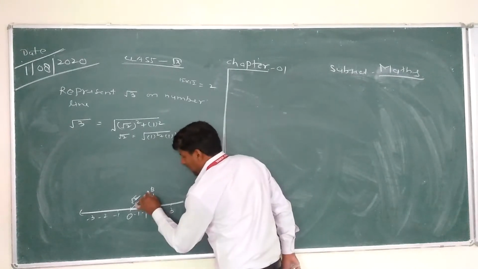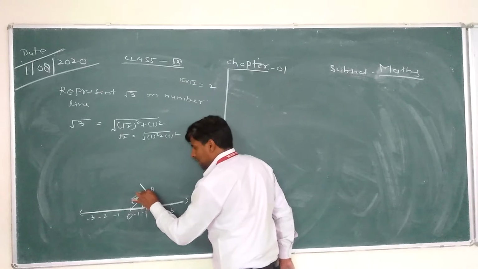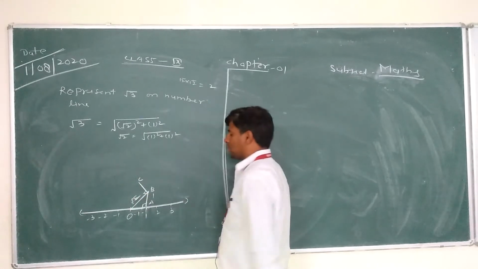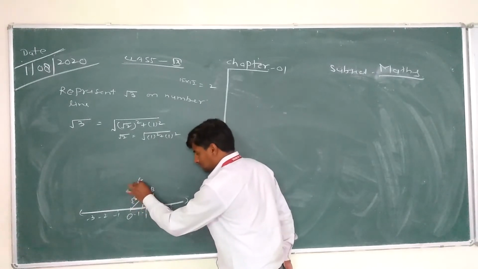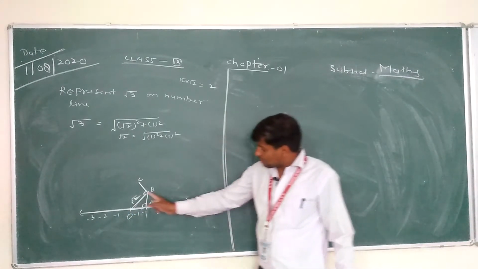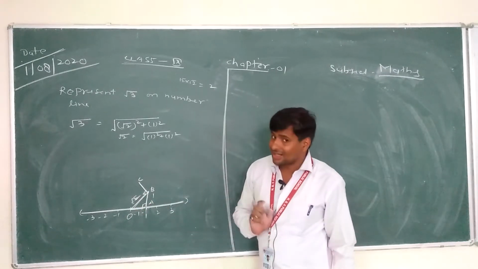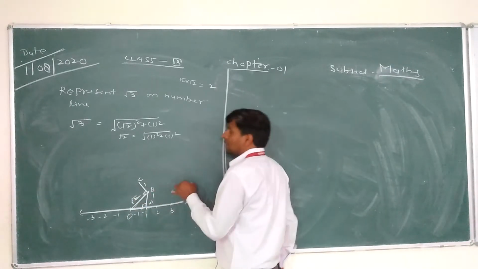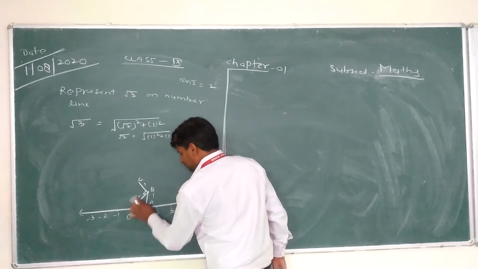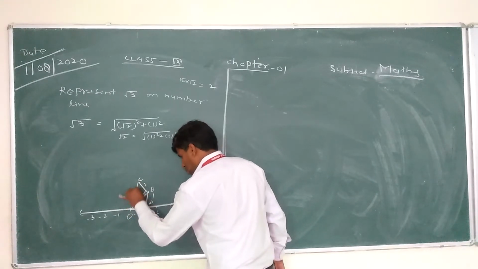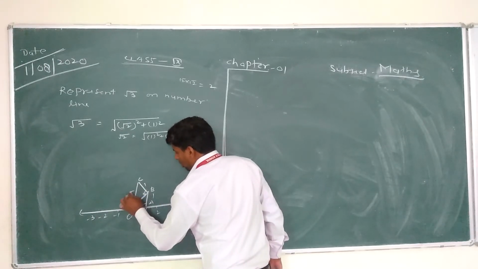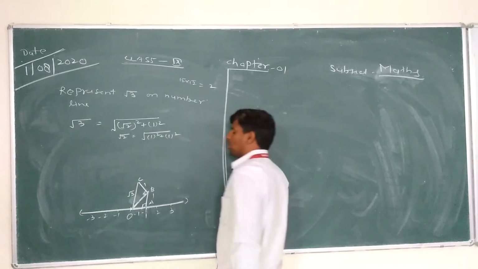Again, you take B as the center, draw a line BC, which is perpendicular to OB. We will draw a line BC making a 90 degree angle with OB. And this should also be how long? 1 centimeter, because the perpendicular is given as 1 centimeter. Thereafter join OC. This OC represents root of 3.